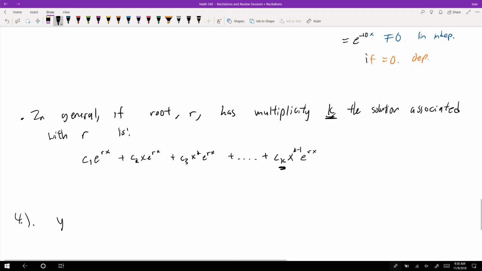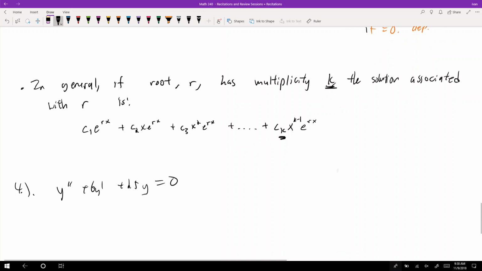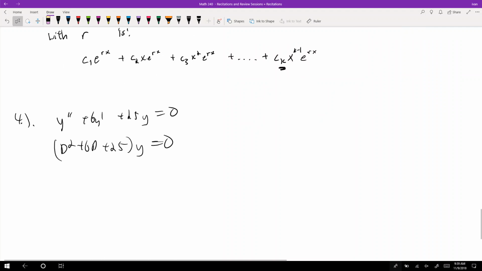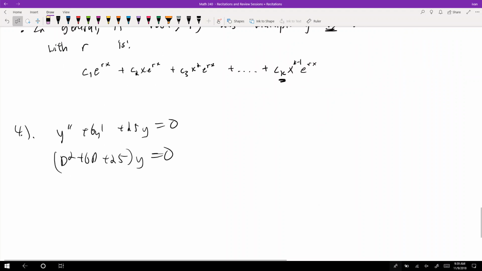Number 4. y double prime plus 6y prime plus 25y is equal to 0. All right. D squared plus 6D plus 25 applied to y is 0. We can't really factor this polynomial in D, so we have to do the good old negative 6 plus or minus the square root of b squared, which is 36, minus 100, that's 4ac, divided by 2.